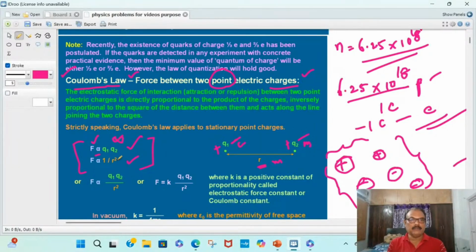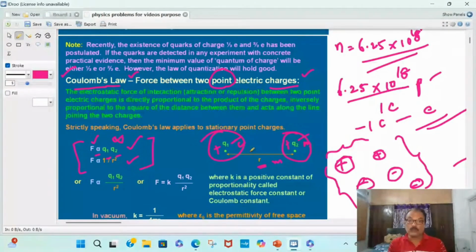So the force of attraction or repulsion between these two charges directly depends upon Q1 and Q2, and it is directly proportional to the product of the magnitudes of the charges, right?